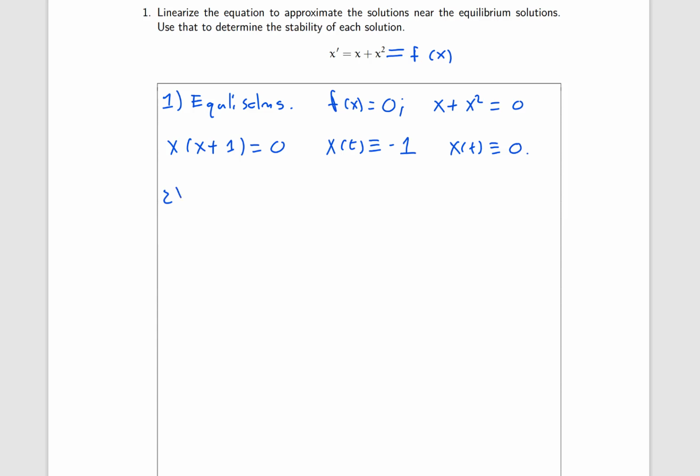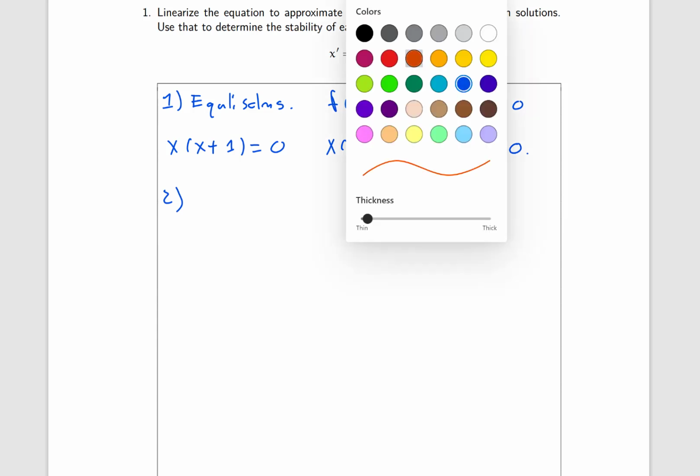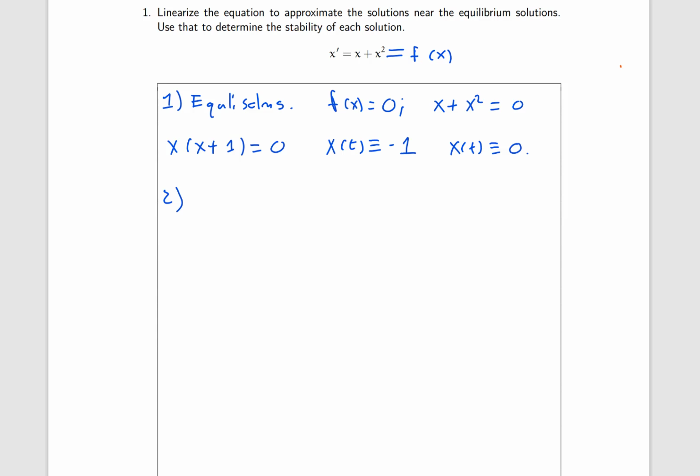Okay, two, at each one of these equilibrium solutions, we are going to linearize f of x around that point. In other words, that means we're going to replace f of x with its linear approximation at those points. Let me just write a general side work comment here. A fact from calculus: f of x is approximately equal to f of x naught plus f prime of x naught times x minus x naught.